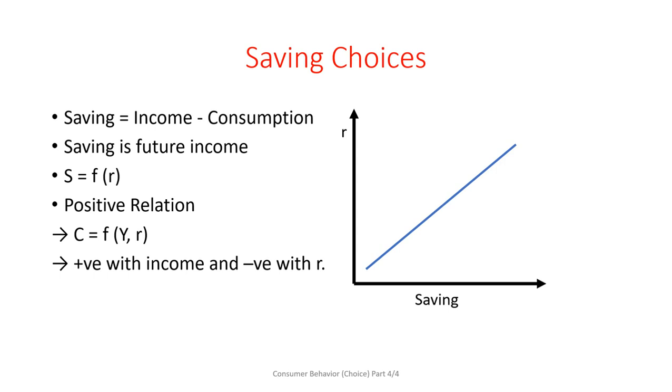That is, at higher interest rates, we will consume less because saving is now more attractive and consumption is now more costly. So, facing the scarcity of income, we shall consume less and save more to have higher income in the future.